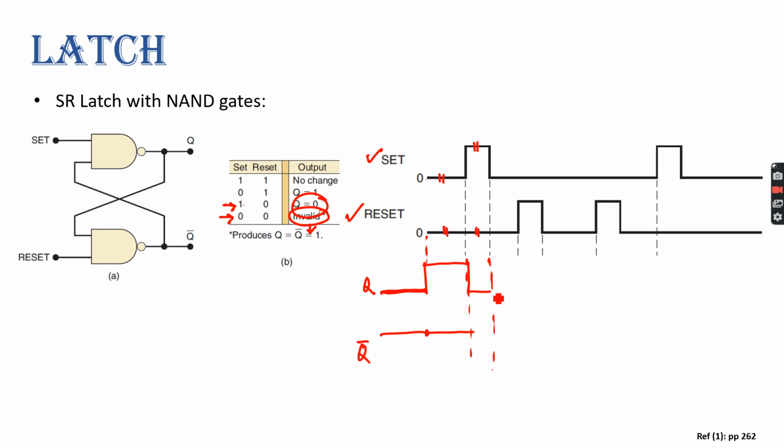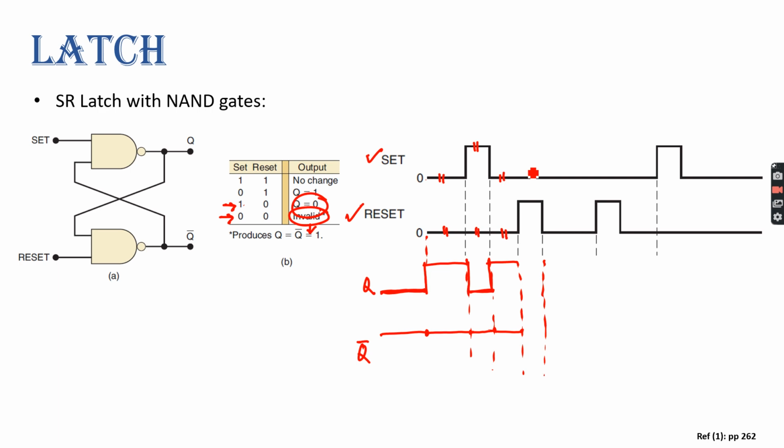So here Q goes to 0, and Q bar remains 1. Now up to this part both are 0, right? Yes, sir. 0 0 means it's an invalid condition, and Q bar will be 1, so it will again go to 1 and keep its state.